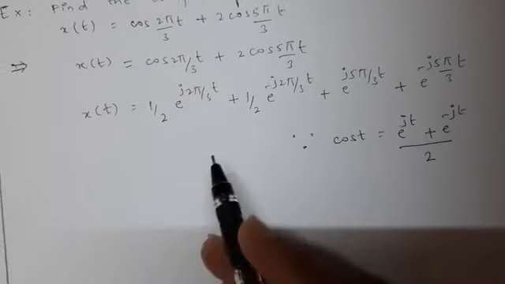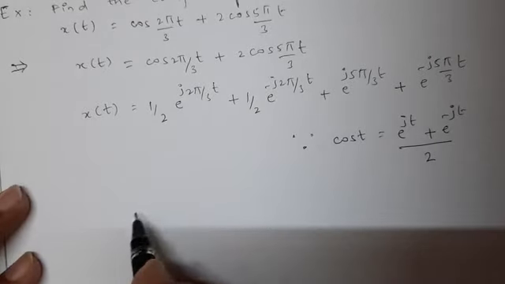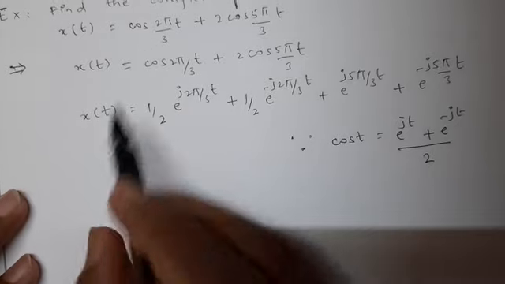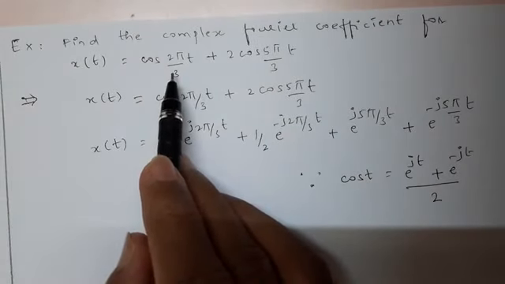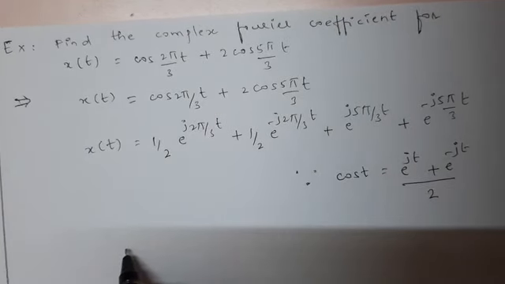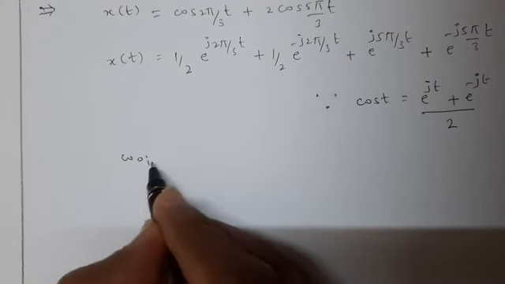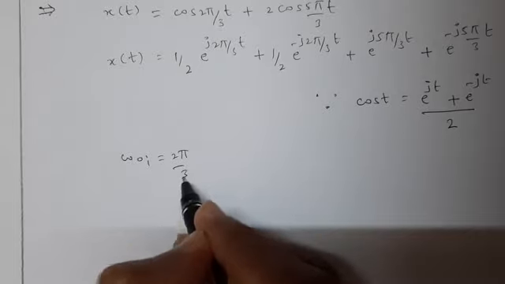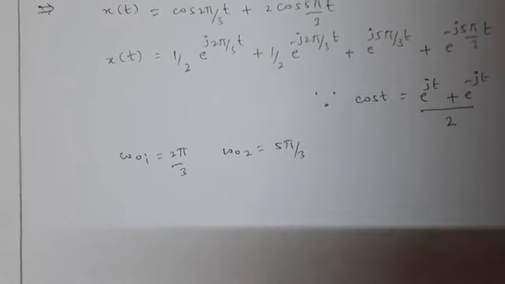So having this equation, now this is in the form of omega naught. Basically what you have is one signal cos 2 pi by 3 t, another cos 5 pi by 3 t, which is omega naught 1 equal to 2 pi by 3, the first signal, and omega naught 2 equal to 5 pi by 3.